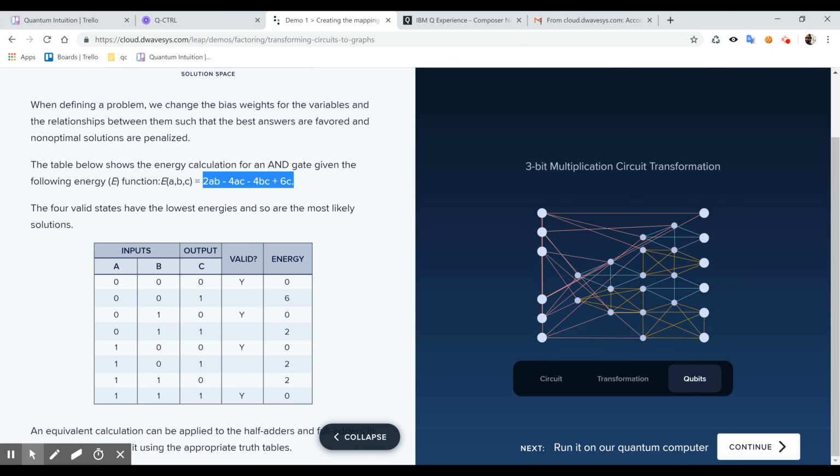Yeah, okay, so it basically says the 4 valid states have the lowest energy, so they are the most likely solutions. But that's not correct, right? I mean, okay, that's correct, as in if you take in the output as well, yeah, 0 and 1, it's 0. Oh, okay. So that's more than that. I see. So that's the function.